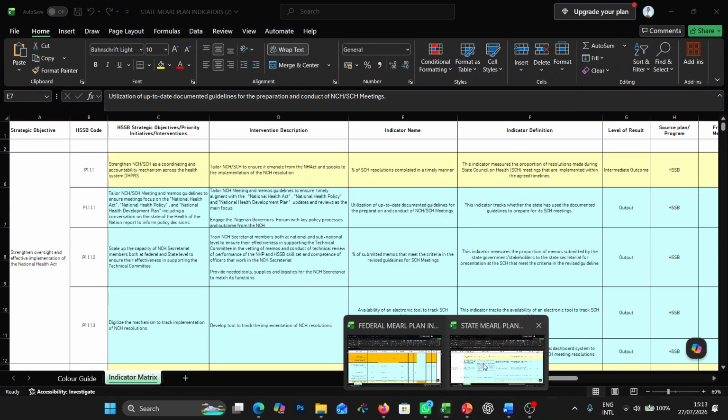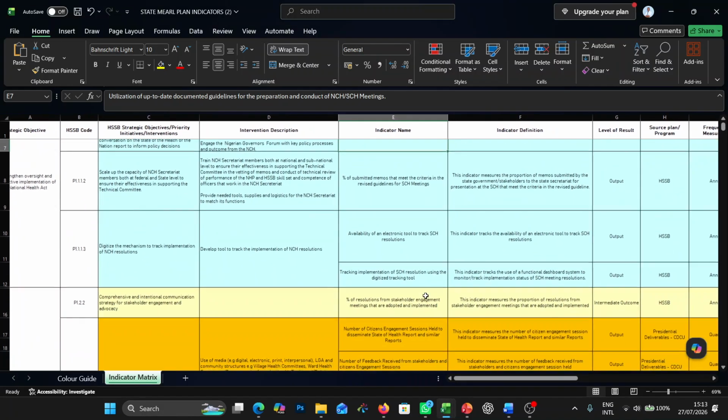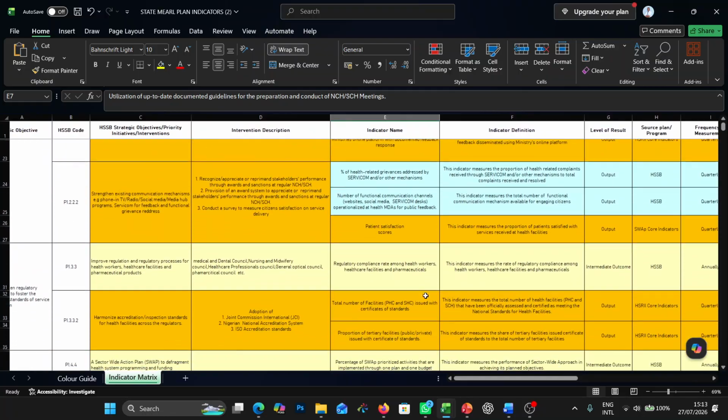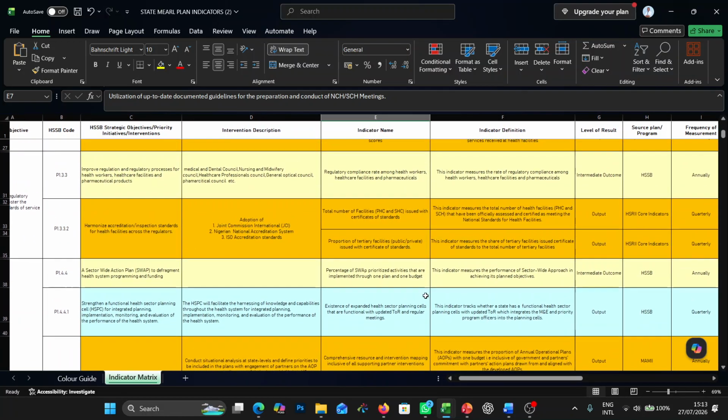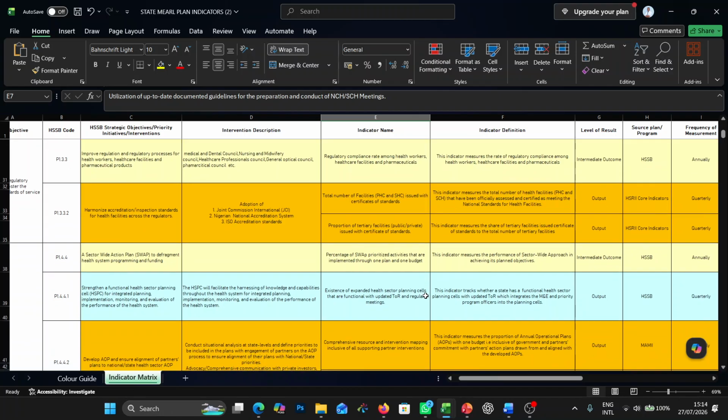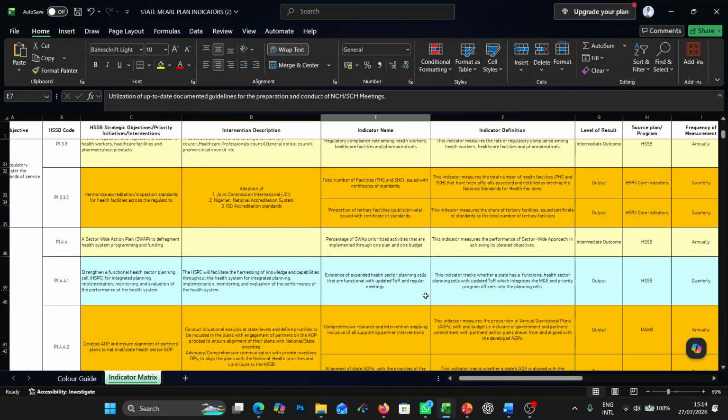Now let me go to state. For state, like I mentioned, the states also have a similar structure to what we have in the federal, the way the indicators have been defined. Then also, more importantly, you need to know that there are some interventions that have more than one indicator mapped to them.